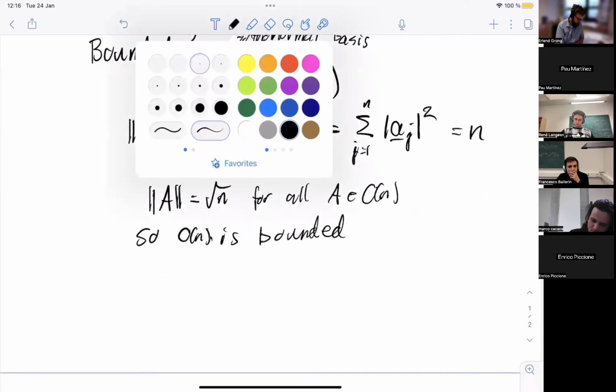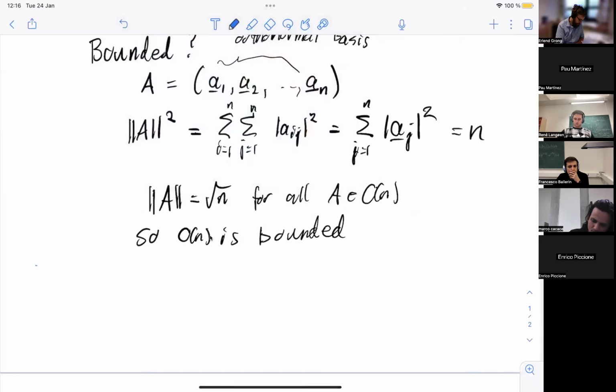So in general, I put "perhaps bounded" up here and I didn't say what bounded means.